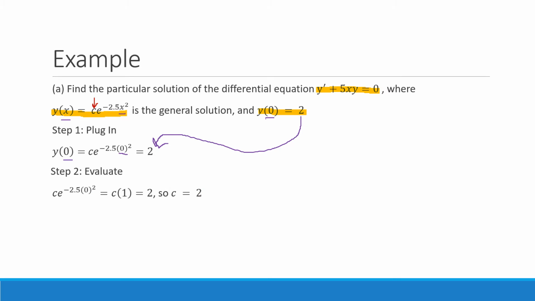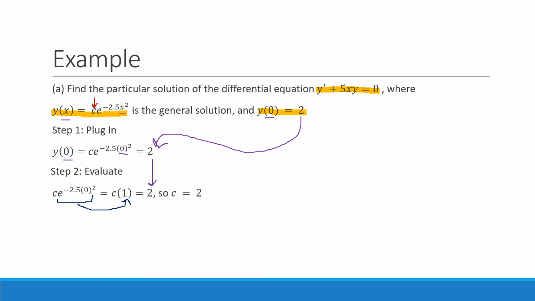If we look at the exponential portion, we know that any number to the power of 0 equals 1. So that's how we get this 1 here. And if we just bring over the c and bring down the 2, through simple algebra, we can solve for c equals 2.